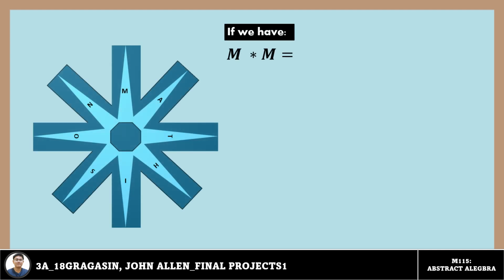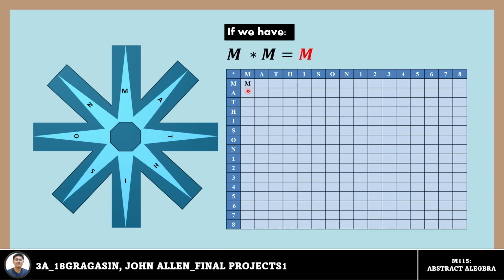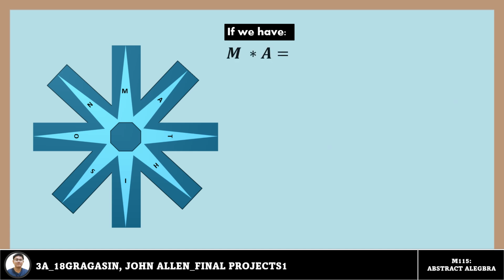Now, if we have M star M or do nothing, then we operate by do nothing again. Our answer is just the M. So, we will fill in this table, okay? Next, if we have M star A or do nothing, then we rotate it by 45 degrees.